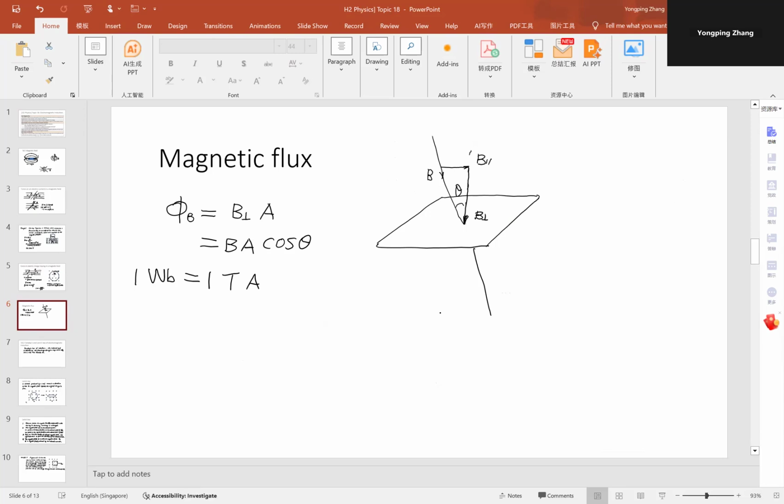So the magnetic flux is B perpendicular to the loop times the area A. The unit of B is Tesla, A is square meter. Magnetic flux is in Weber. So 1 Weber equals 1 Tesla times 1 square meter.